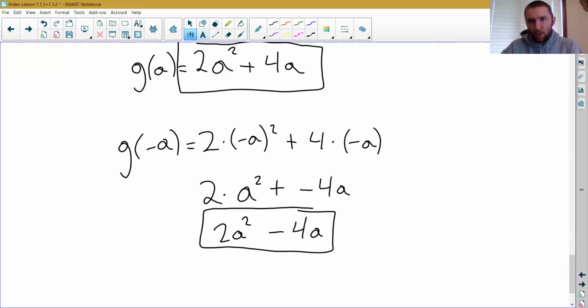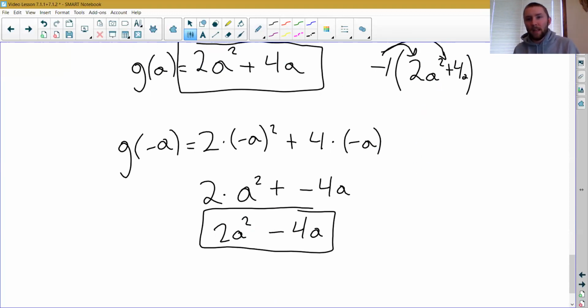Is this an odd function? Well, in order for that to be true, I should be able to put a negative sign in front of g of a and have it be this. So if I put a negative sign in front of this thing, 2a squared plus 4a, do I get this? Well, no, because I'd have to distribute the negative to both pieces, right?